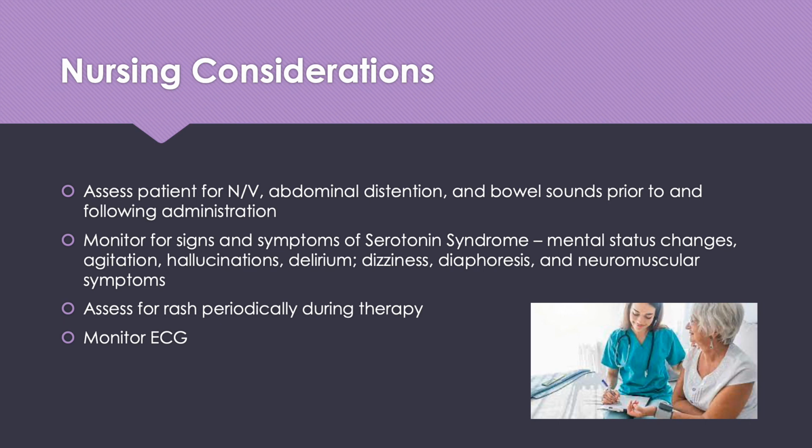You want to monitor for signs and symptoms of serotonin syndrome, which include mental status changes, agitation, hallucinations, dizziness, diaphoresis, neuromuscular symptoms, and also monitor their vital signs. Assess for rash periodically during therapy, as rash could signal Stevens-Johnson syndrome. And monitor their EKG, as this drug can cause arrhythmia in the QT interval.